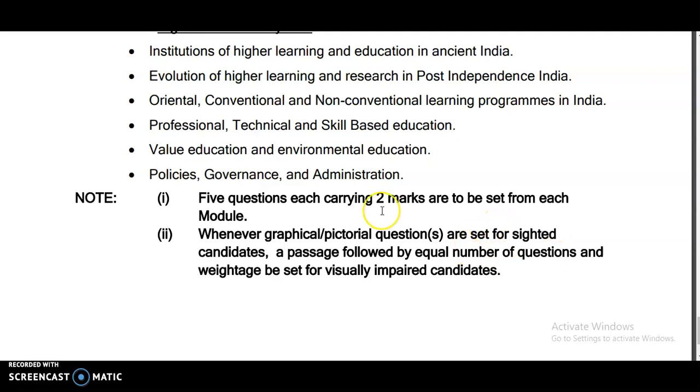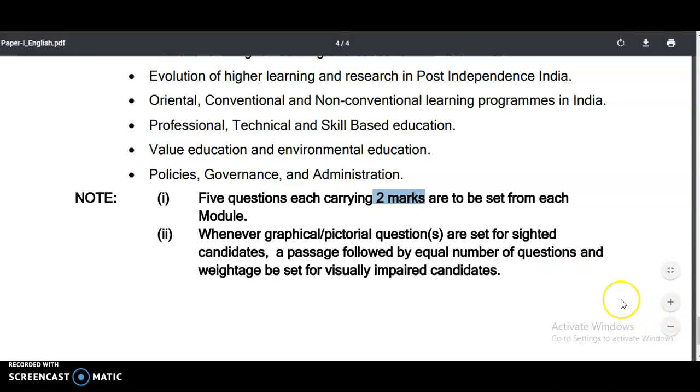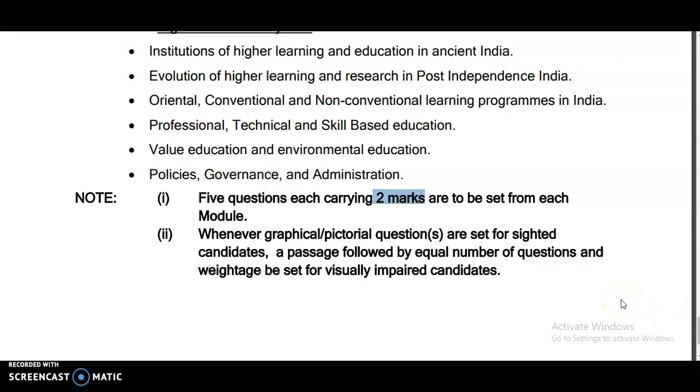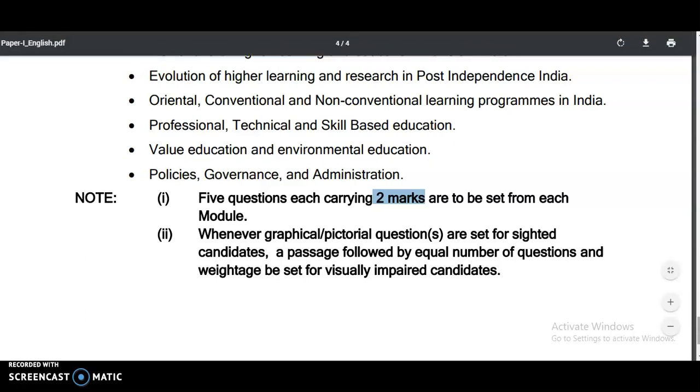From each and every module, you are going to get 5 questions, and each and every question carries 2 marks. That means 10 marks from each module, so 10 units is equal to 100 marks.